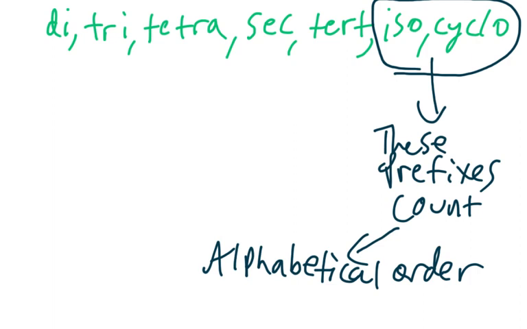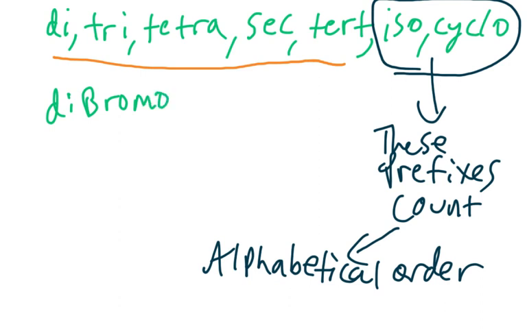So knowing this, let's go back. What does this mean? That all of these other prefixes don't count. So for example, if you had a dibromo versus ethyl, who comes first alphabetically in terms of naming organic compounds?